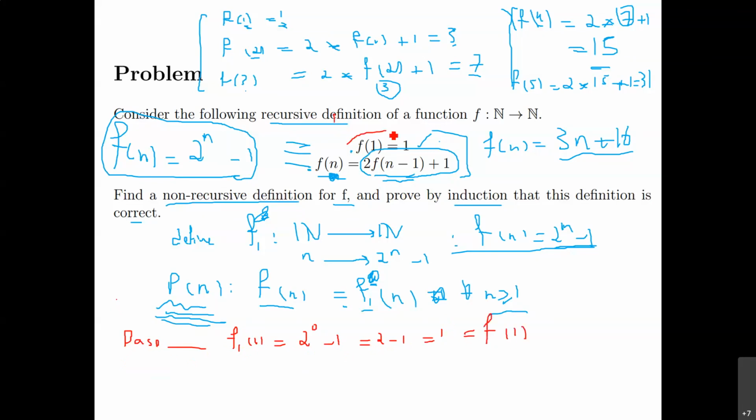So f of 1 equals 1, that's what they said. And our function that we just made is the same thing for 1. Induction hypothesis, you know it. We'll just assume it's true up to n. So assume p of n, our predicate, is true up to n.